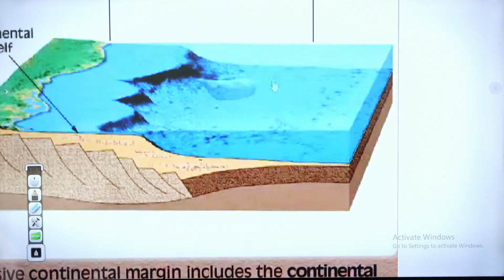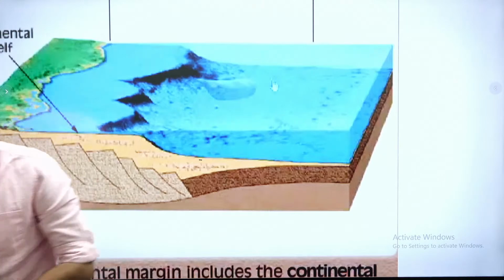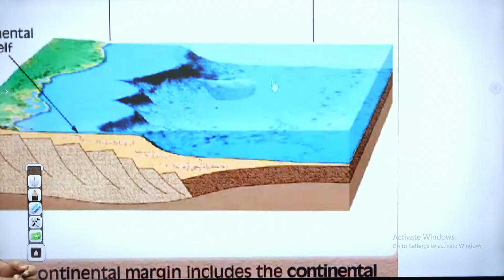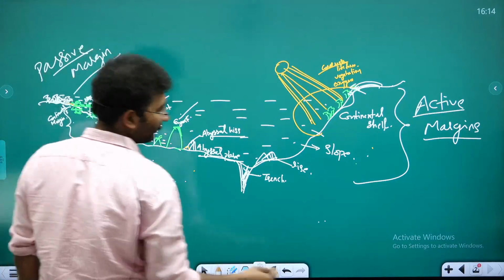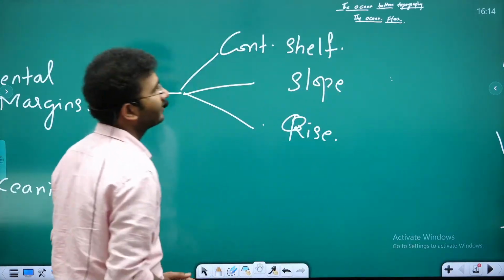And we are going to learn our next topic, that is oceanic factors affecting the distribution of temperature, right?